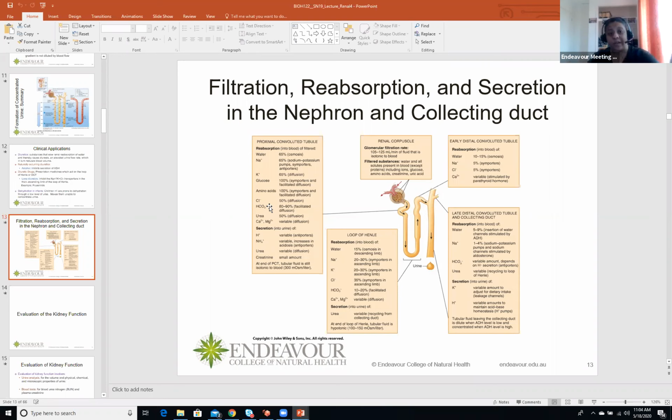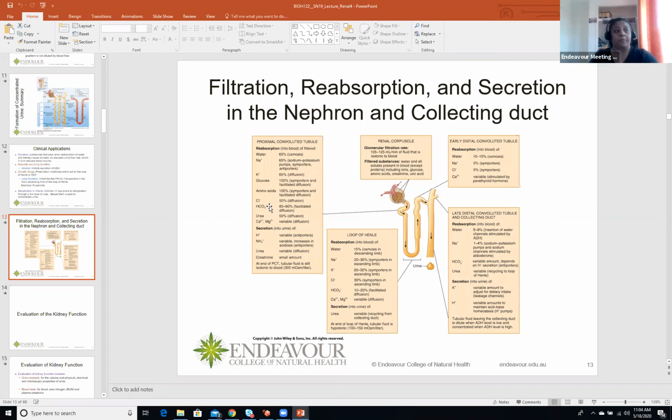That gradient will decide the flow of water and the formation of urine, whether it will be concentrated or diluted, right? So the proximal convoluted tubule will set up the gradient for osmolarity.